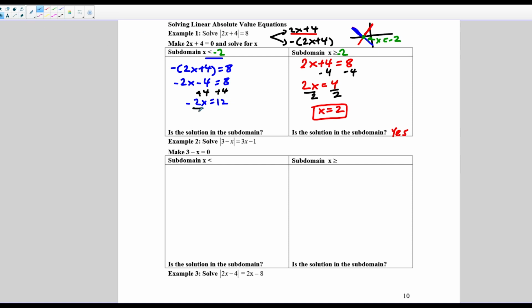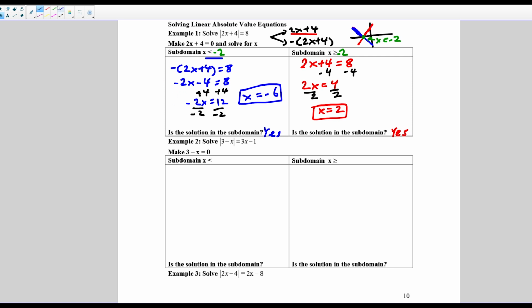Let's divide both sides by -2, and we end up getting x is equal to -6. And if we check to see if this is in the subdomain, x is less than -2, that is correct. So we can say yes. And we know that we have two solutions here.